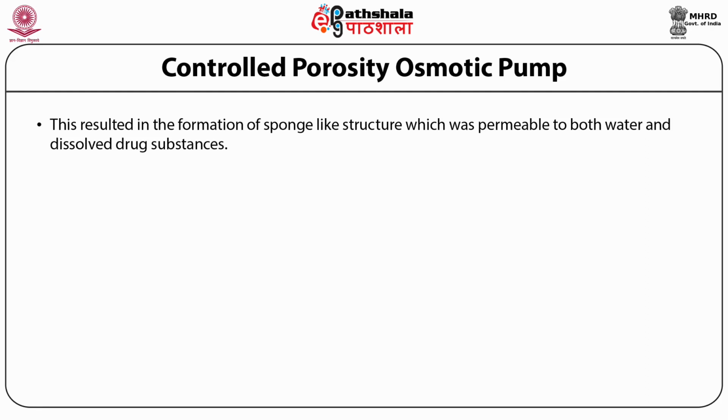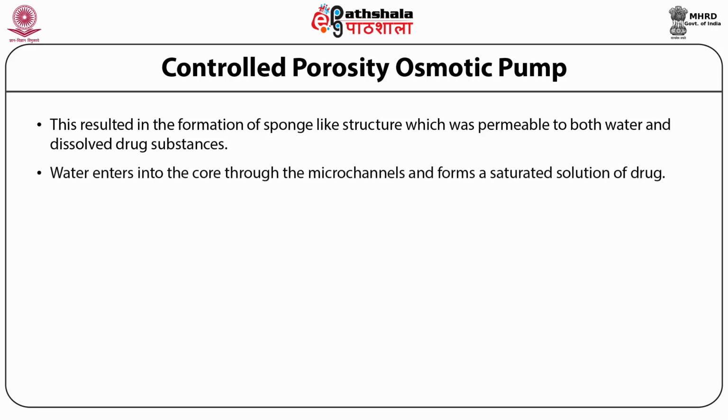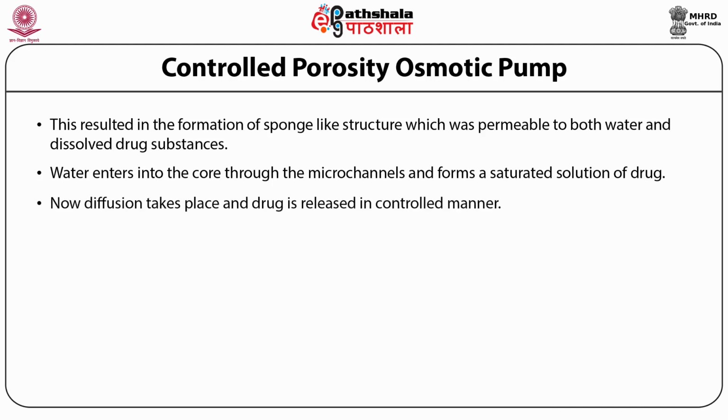Water enters the core through the microchannels and forms a saturated solution of drug. The drug moves from the high concentration zone to the low or no concentration zone, so diffusion takes place and the drug is released in a controlled manner.